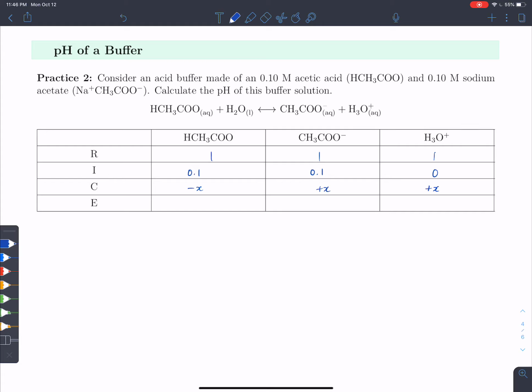And so the concentrations at equilibrium are going to be 0.1 minus x, 0.1 plus x, and then x. Now we can sub that into our ionization constant.